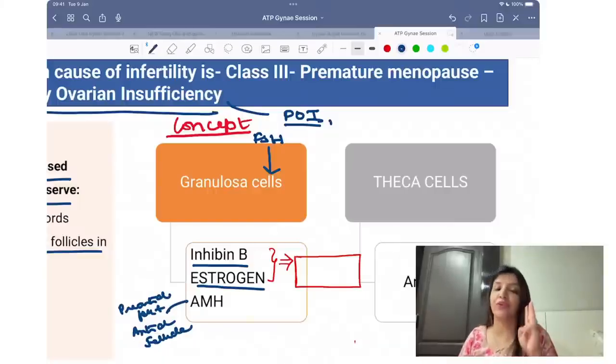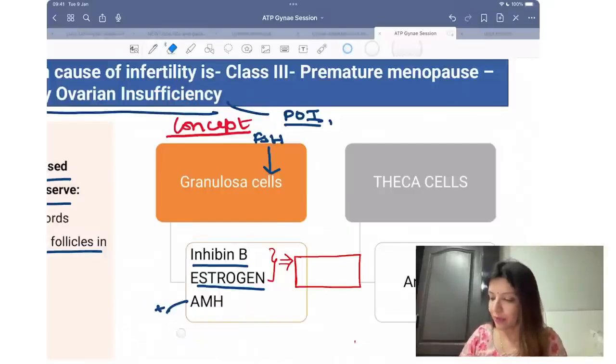Three hormones are released by granulosa cells: inhibin B, estrogen and anti-Mullerian hormone. Anti-Mullerian hormone is released from the granulosa cells of which follicles? The antral follicle and preantral follicle.